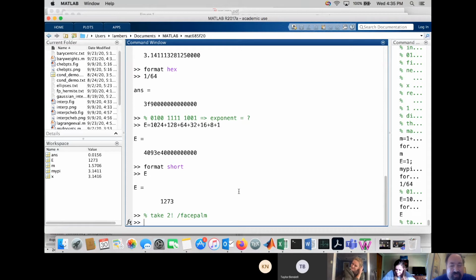Okay, so 3 in binary is 0011, and then I have all these 1s, 10.